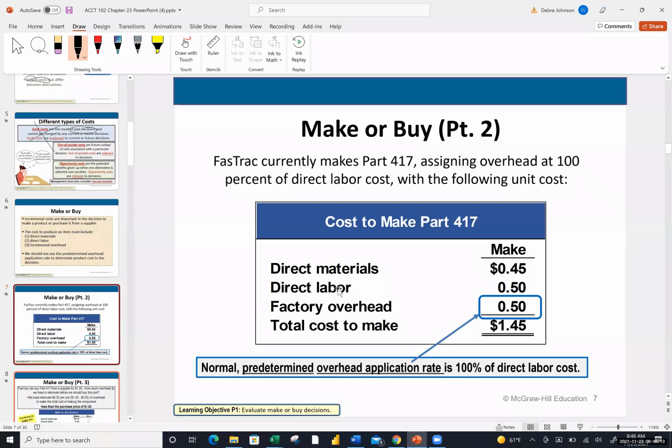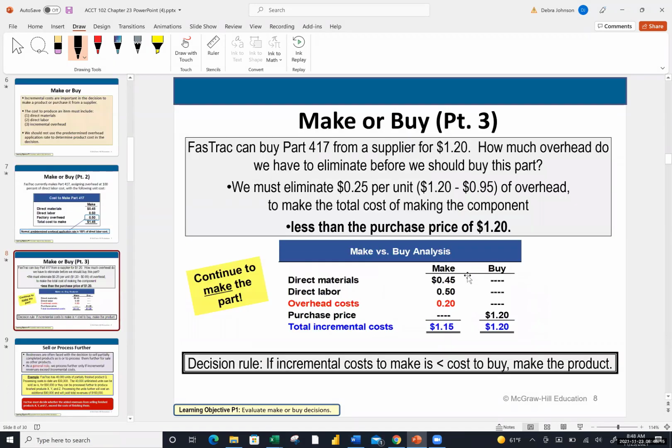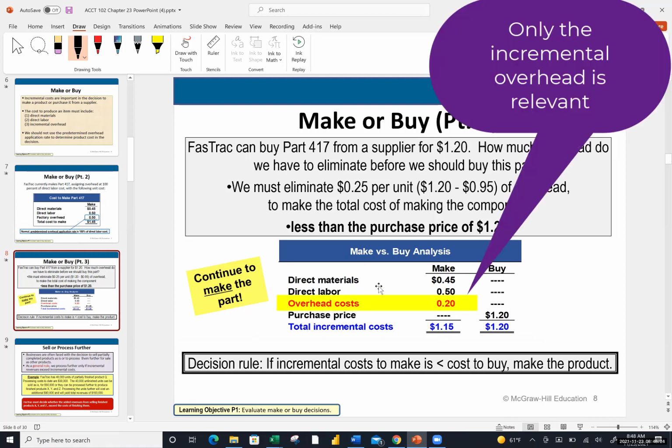However, the correct way to look at it would be to look at the materials and the labor, but only look at the incremental part of the overhead that would be necessary to make it, not the 100% burden that they're sharing with all the other products that they make, but just the incremental overhead.